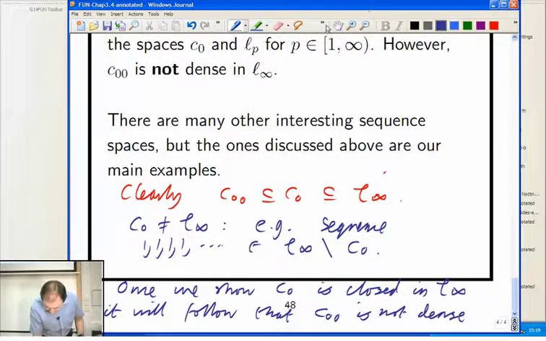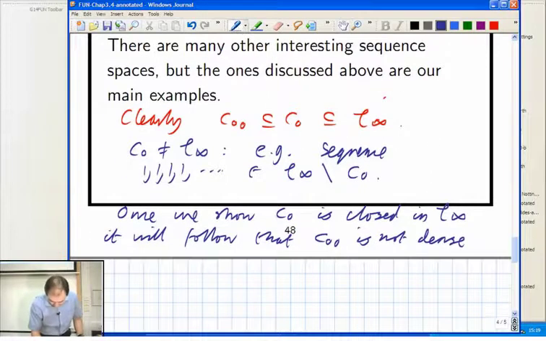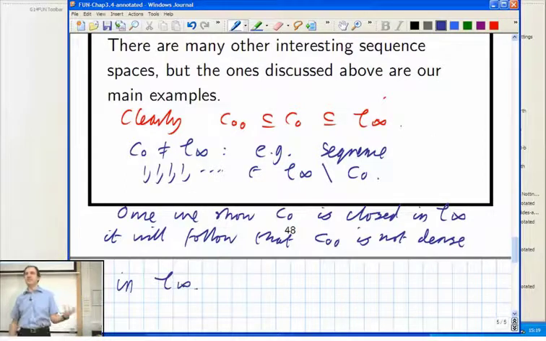It'll then follow that C00 is not dense in L infinity, because the closure of C00 will actually be C0, which will be closed in L infinity.